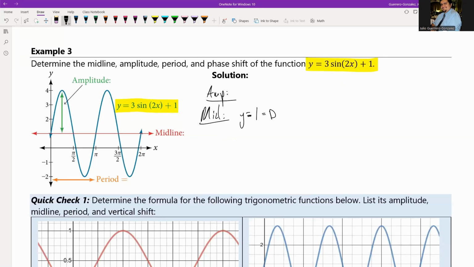This is going to be our value D. Our amplitude is this right here, and we're going to look at the physical distance from the midline to the top or from the midline to the bottom. So that's from here to here. The midline's at 1, the top is at 4, so that's a distance of 3. That makes A equal 3. All right, our period now.